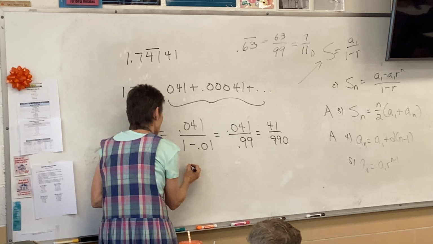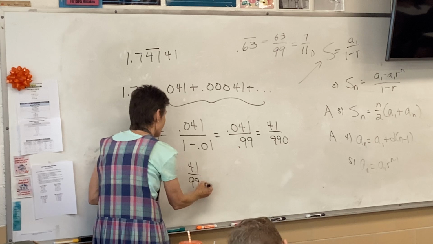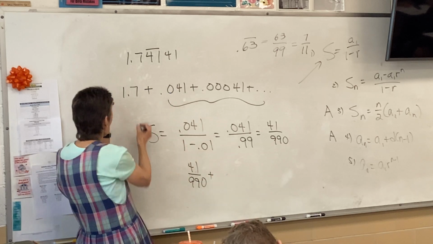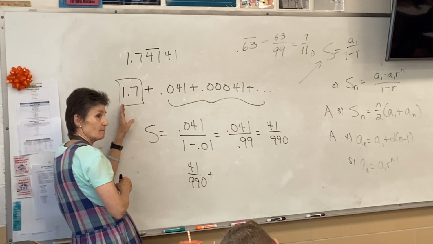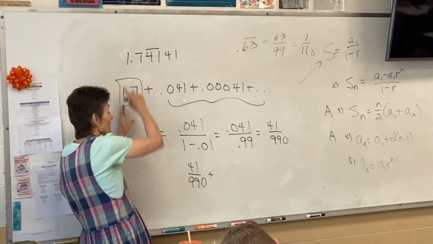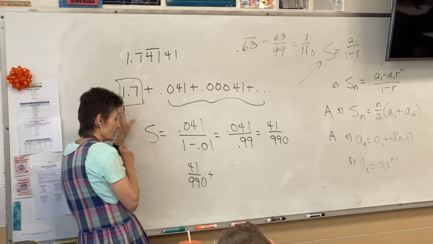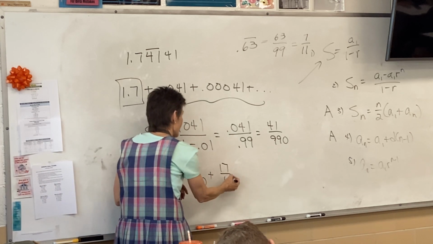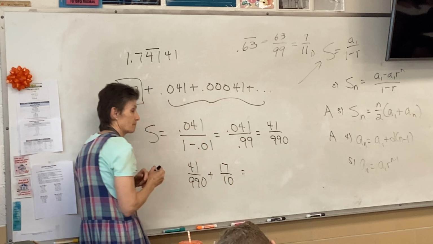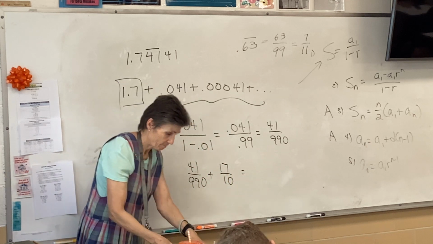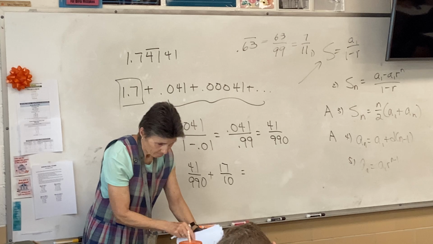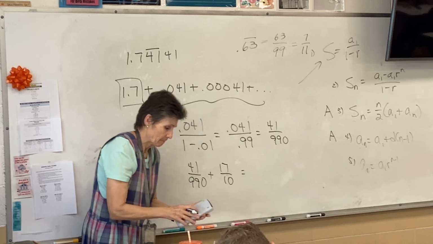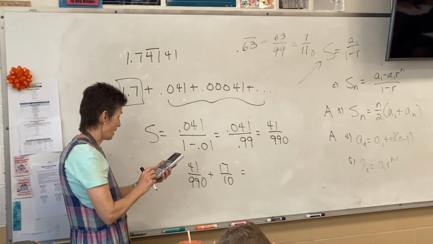And then I'll take that 41/990 and add this to it. That was the part that didn't repeat. So that's 17 over 10. So now I'll get a common denominator.